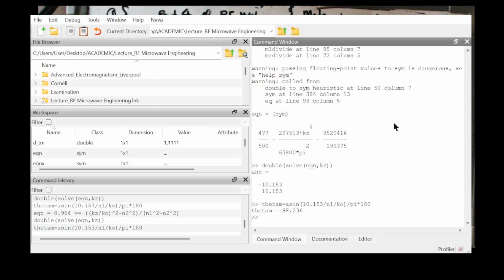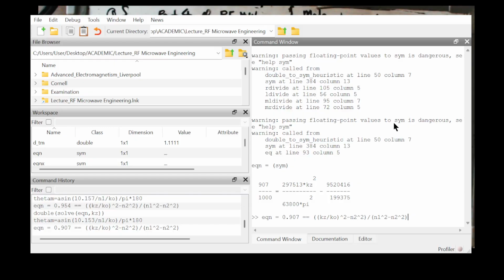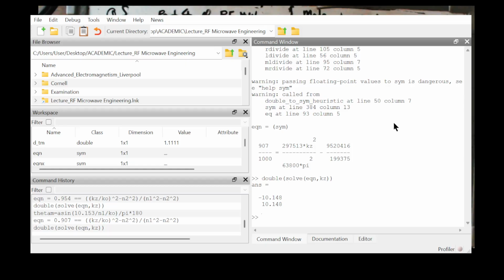And I'm going to solve for the next one. The b value is 0.907. So I change the b value, 907. And then I'm going to solve it for the value of k.